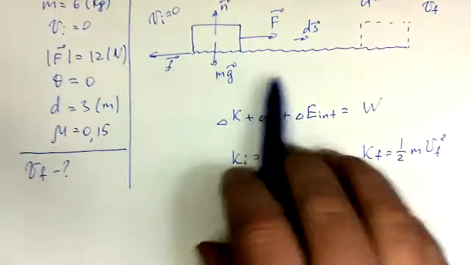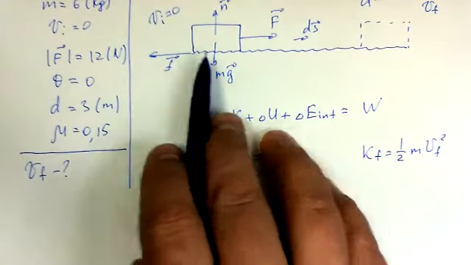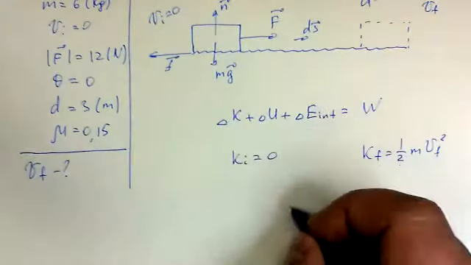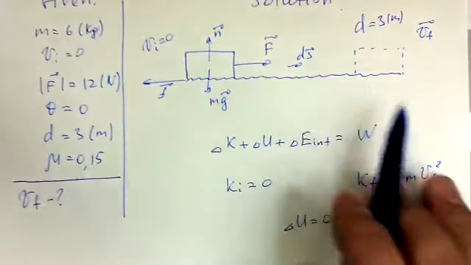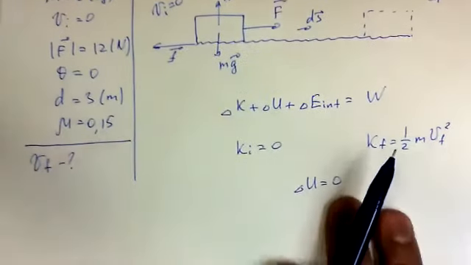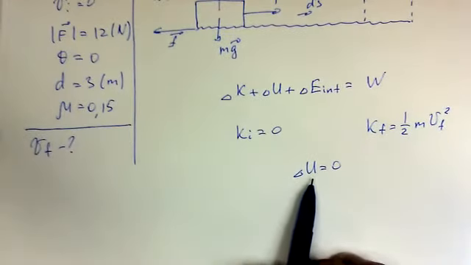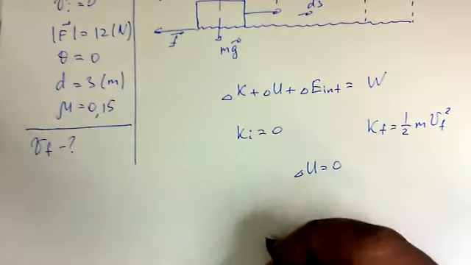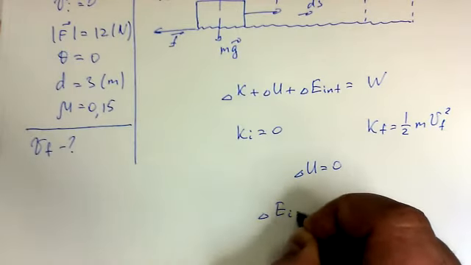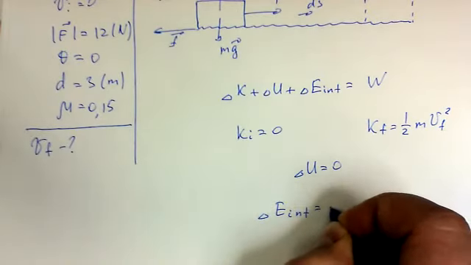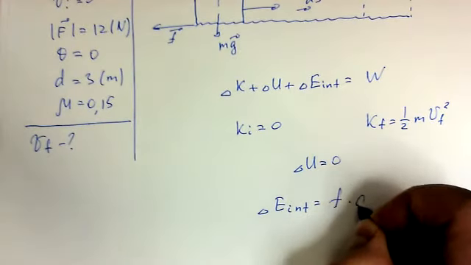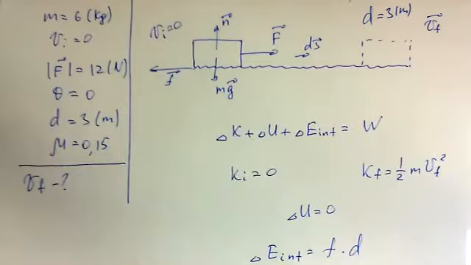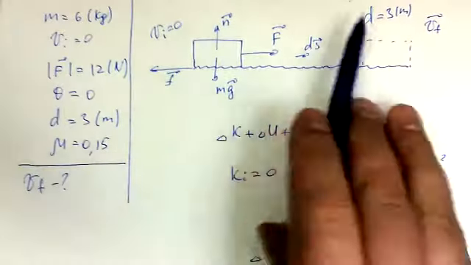Okay, again, no change in the height, the same level. That's why the gravitational potential energy change is 0. Also, there is no spring here, so only gravitational potential energy can change, but the change is 0 in this particular case. Now let's analyze the change of the internal energy of the system. And as I said, it is equal to the friction force times total displacement. So this absolute value times d.